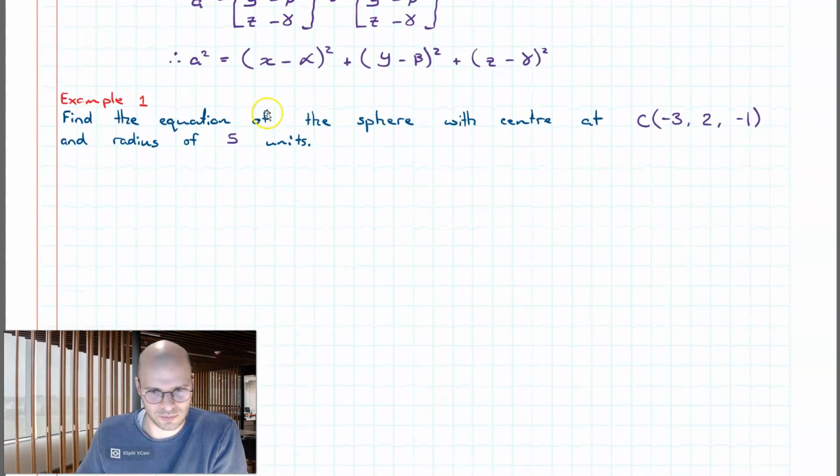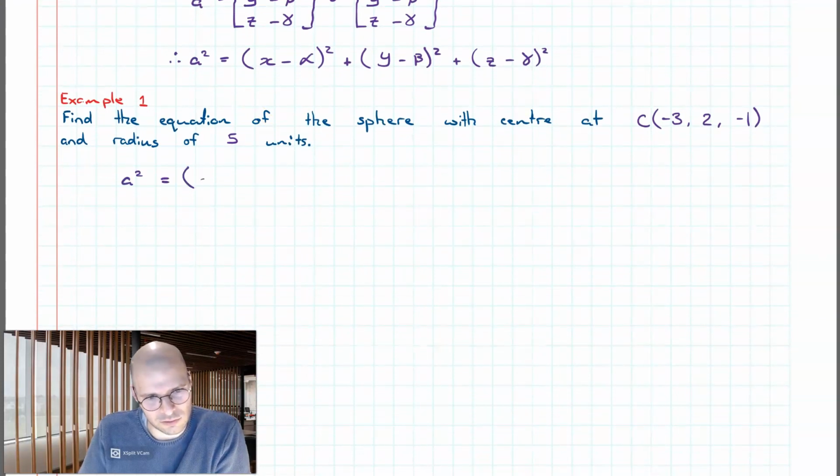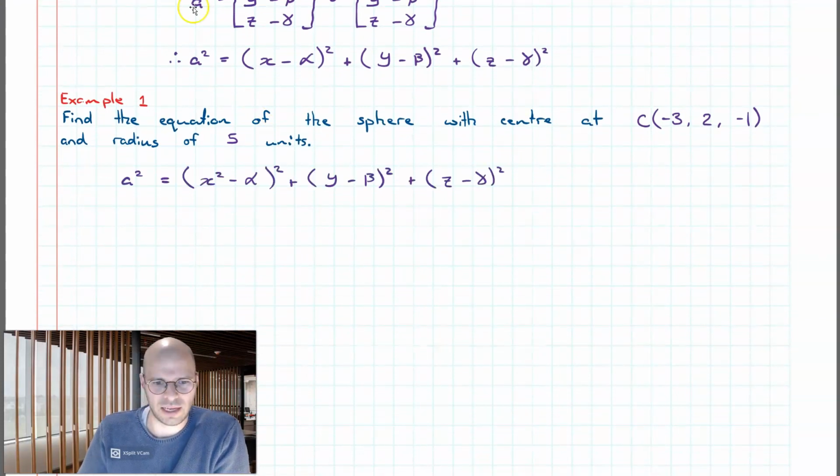Starting off, we're going to say that (x − α)² + (y − β)² + (z − γ)² = a², where α, β, and γ represent the points C over here.